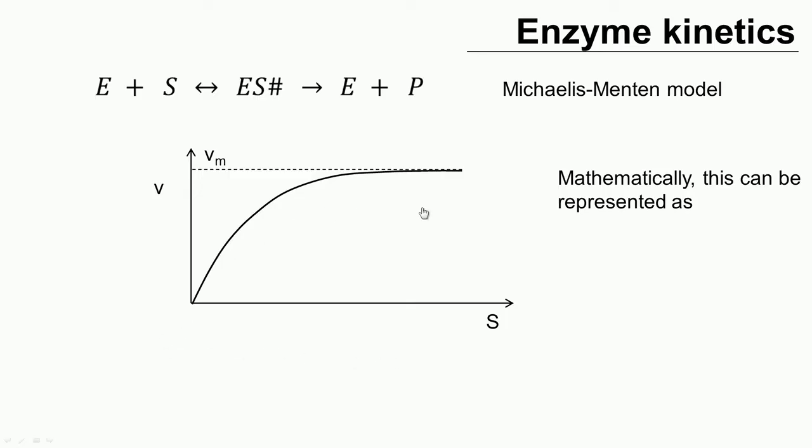Mathematically, this kind of behavior can be represented as V equals Vmax S by Km plus S. This kind of formulation would yield this behavior. So, Vmax S by Km plus S is a good rate expression that one can choose as a first approximation for enzyme kinetics. This is called the Michaelis-Menten model.